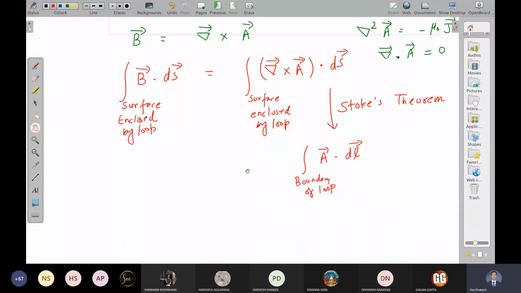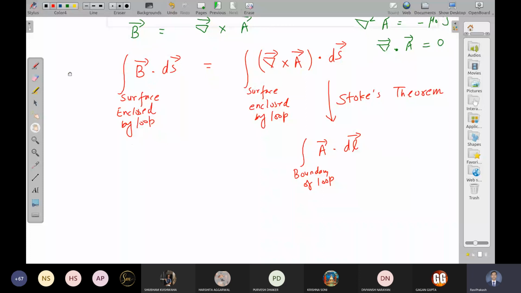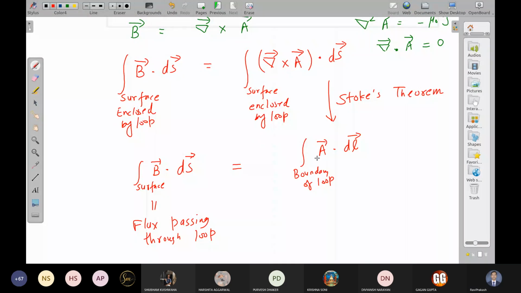And this is always true for any surface, right? But what is this quantity on the left hand side? Flux passing through loop, right? So you can see this flux is actually equal to line integral of vector potential.